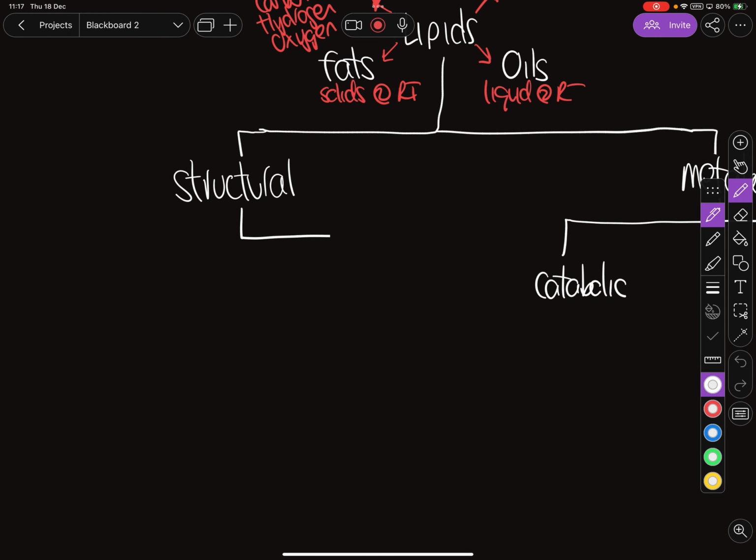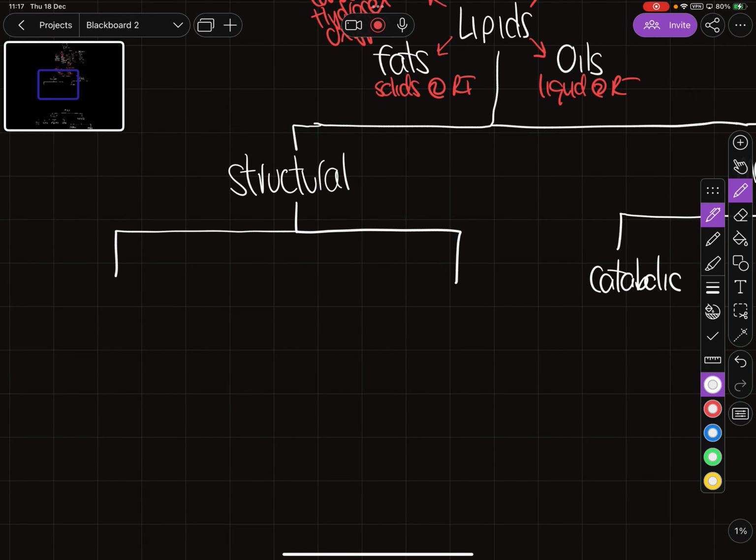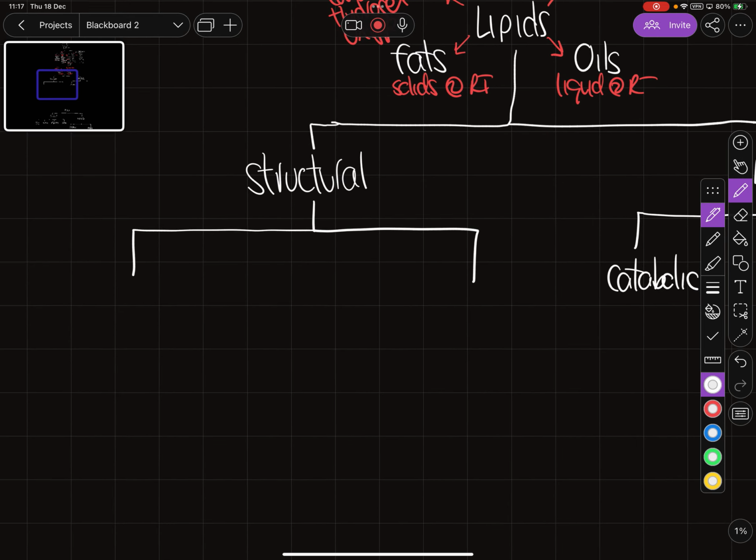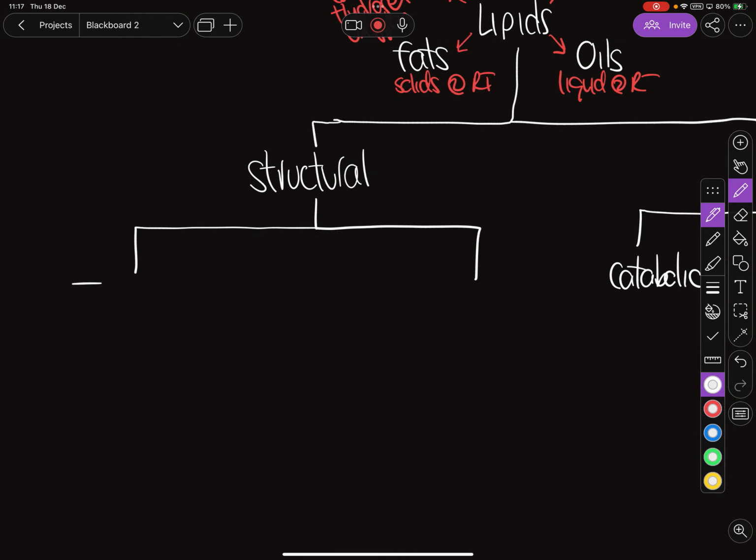So in terms of our structural, we only really have two types of structural lipids, or two types of arrangement of the carbon, hydrogen and oxygen. So you might have heard the name triglyceride, it might be in a question, and it's just another name for the structure of a lipid.